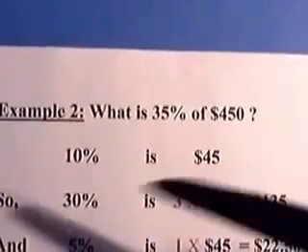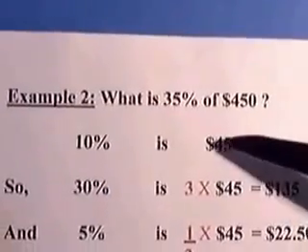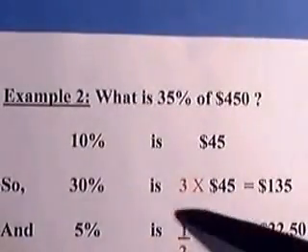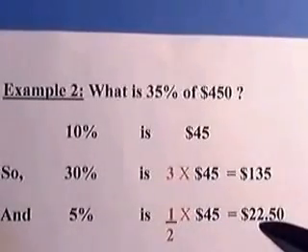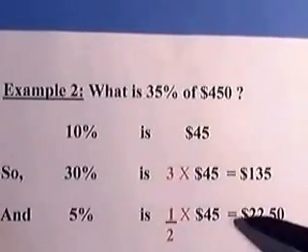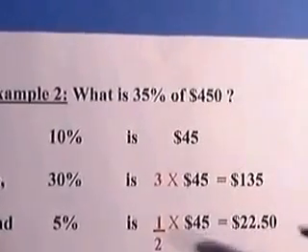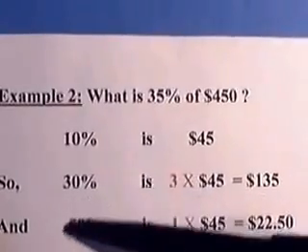And if I take a half of 10% to get 5%, then I have to take a half of 45. There it is. 1/2 of 45 is $22.50. So in other words, 35%: there's 30, there's 5.